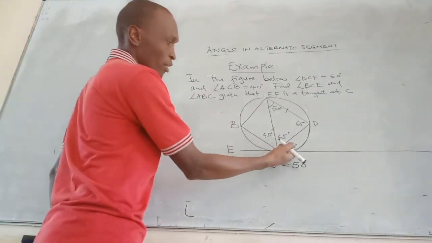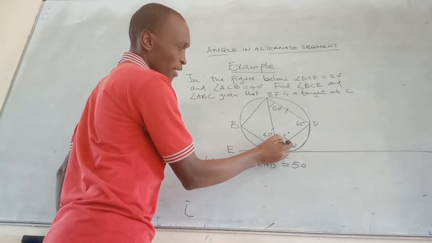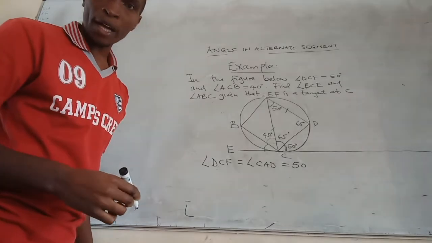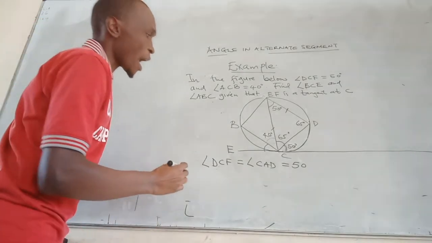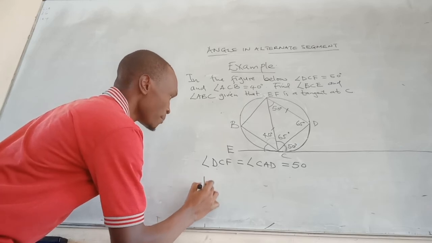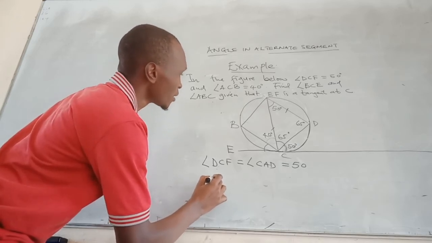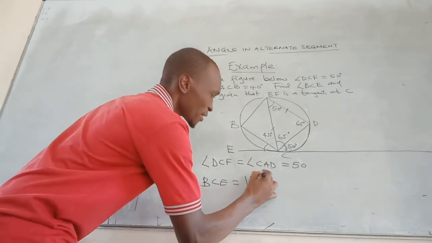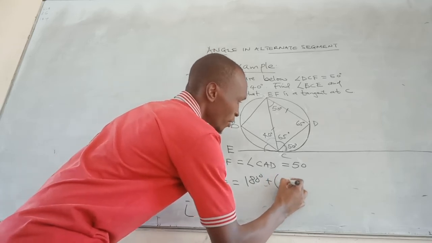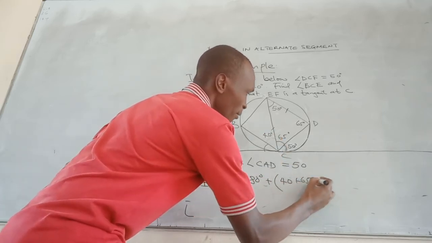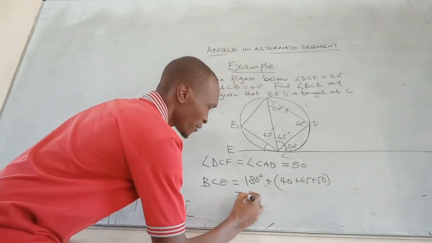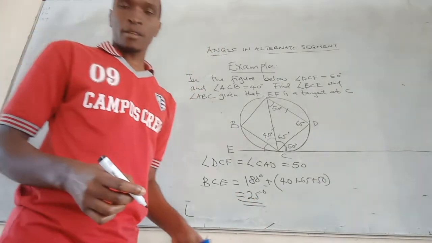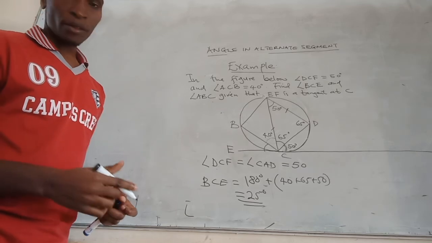Now, because this is a straight line, this is 50 degrees, this is 65 degrees, and this is 40 degrees, and angles on a straight line add up to 180 degrees, angle BCE equals 180 degrees minus the sum of all these angles, 40 plus 65 plus 50, which gives us 25 degrees. So that's how you should be able to apply those properties.